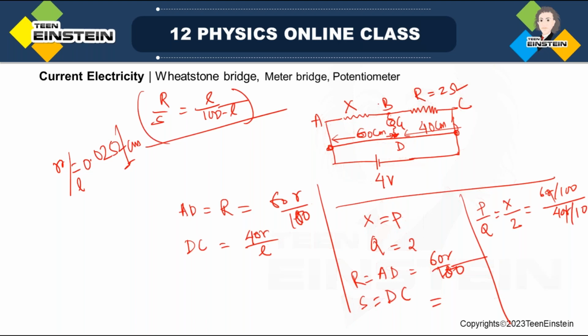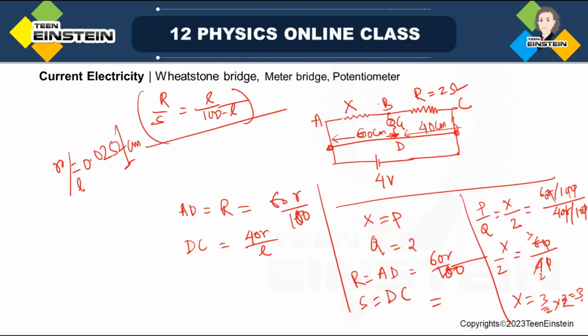The 100 and R will be cancelling off. So X by 2 is equal to 3 by 2, so X will be 3 by 2 into 2, that is 3.